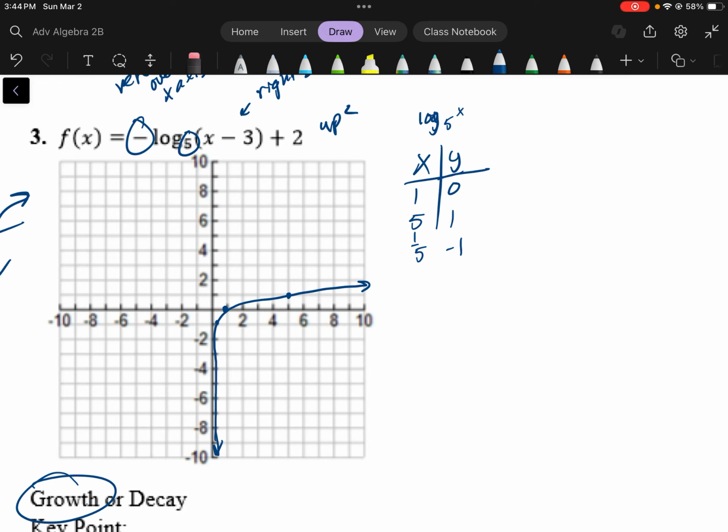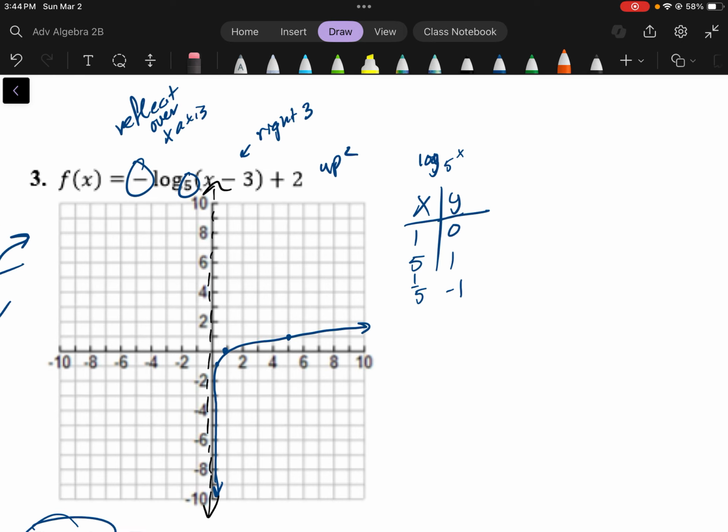And again, for this parent logarithm, we have a vertical asymptote at x equals 0. That's the line we're not allowed to cross. Okay, so if we're applying our transformations, this affects the x value, this one affects the y value, and if I'm reflecting over the x-axis, that means my y value is changing, and so we're going to use that for the y.